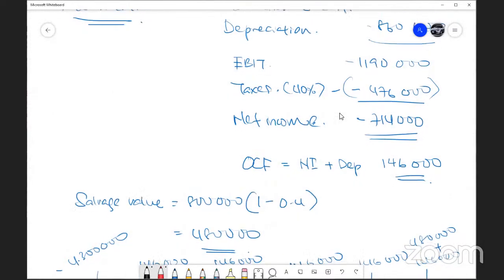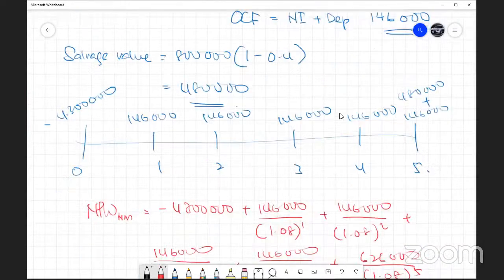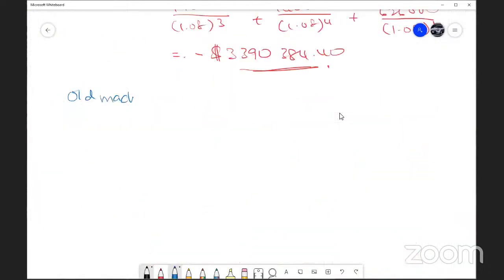Let's start with the old machine. The old machine is worth $2.2 million today, the present value. But you're not selling, so it is an opportunity cost. You want to count the actual value of it because there's tax also.